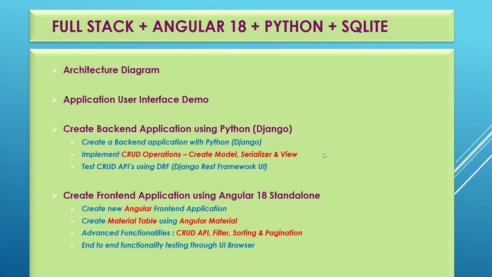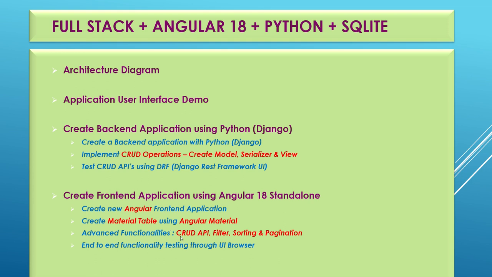This is all the backend application and the steps which we are going to implement while creating a Python backend application. Next, we will create our front-end application using Angular 18, and we will create our Angular 18 standalone application. Next we will create a material table, and for that we are going to use the Angular Material library.